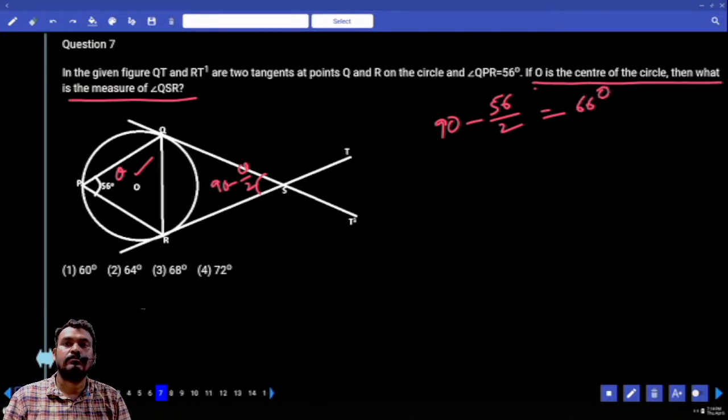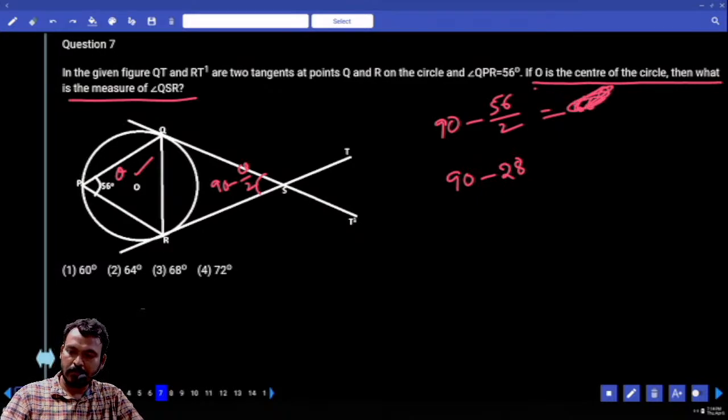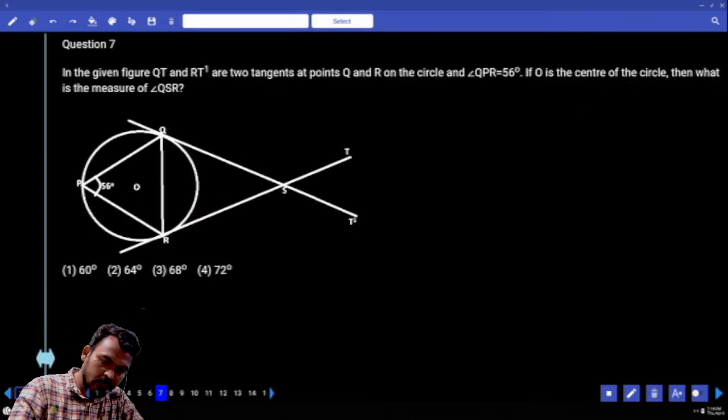90 minus 28, how much? 62 or 66? QR will be double or not? What is the double value? 112.